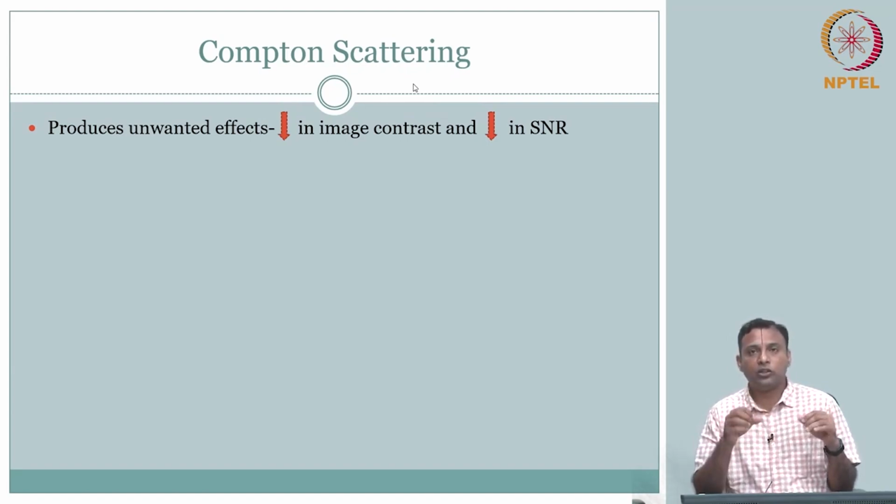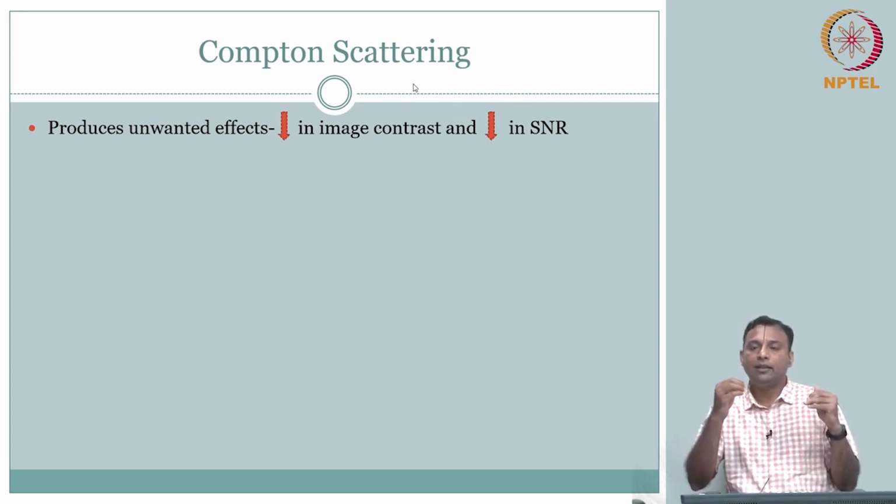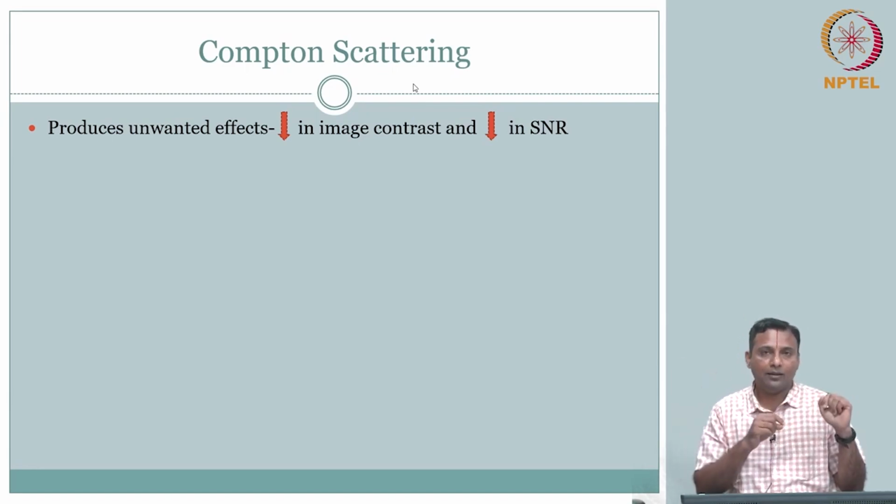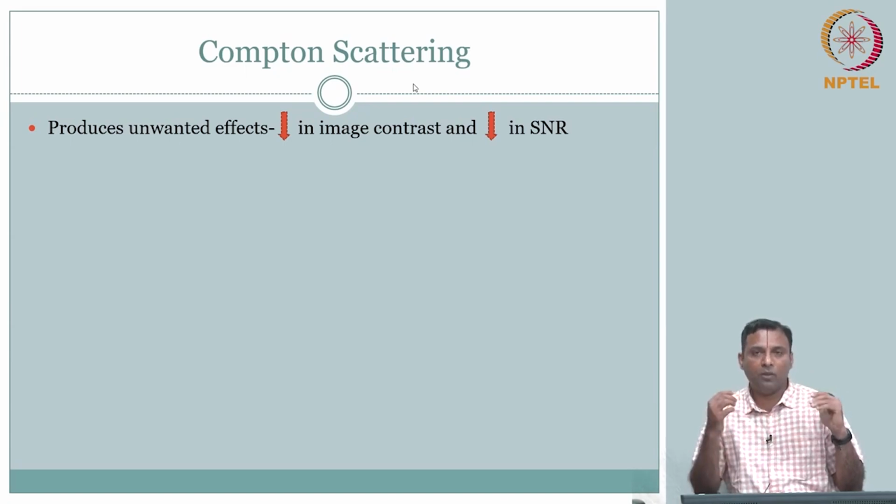Whereas there is always going to be Compton scattering, due to the physics. So what did Compton scattering do? It essentially sent out some photons with reduced energy, and they could come at an angle. So that was Compton scattering.